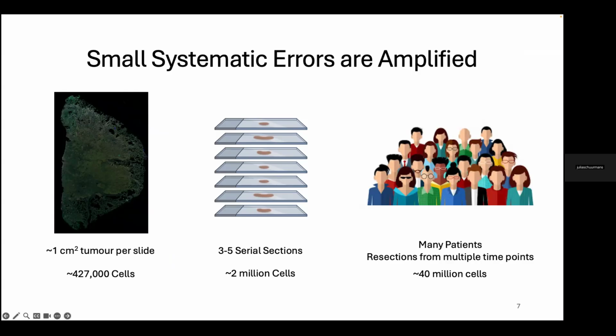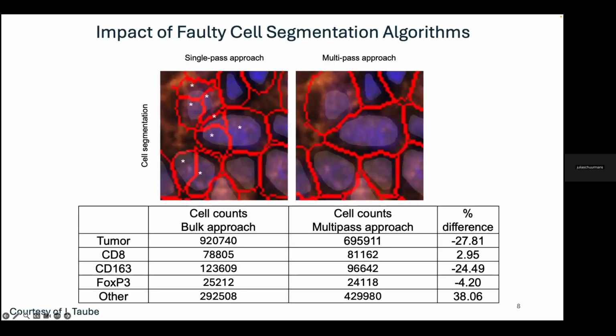So when you have small systematic errors like that, what does that mean when it comes to bulk cell counts? Well, our sister lab down at Johns Hopkins, the TAB lab, they did look into this. What they looked at was to try and understand how the current gold standard of cell segmentation is missegmenting a lot of the cells within multiplex immunofluorescence.